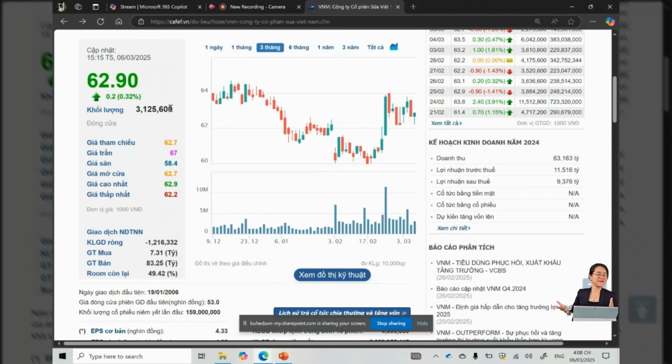So what is intrinsic value? Intrinsic value is the price you think based on the fundamentals of the stock, based on what you think about the stock. You think the stock is worth that much. Okay? And that's our job today. We're going to find that intrinsic value.